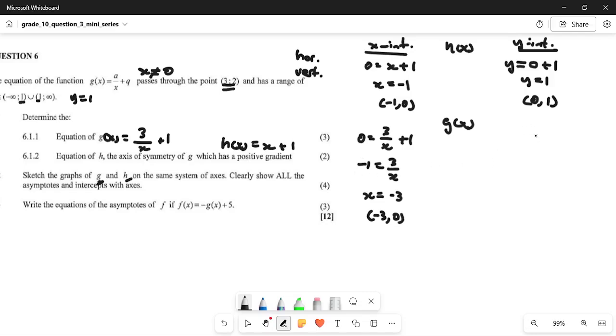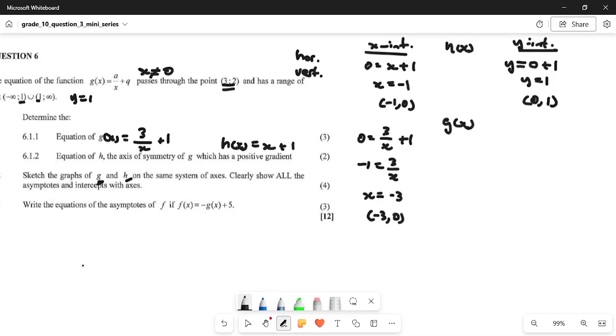And then for the y-intercept for this function, we cannot have a y-intercept, right? Because if I were to let x equal 0, I'm dividing by 0, which makes this thing undefined.